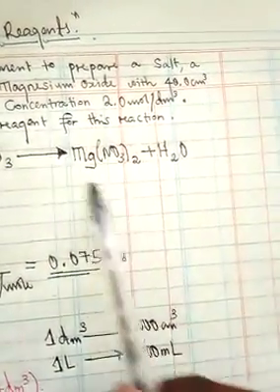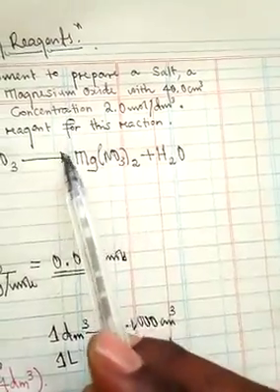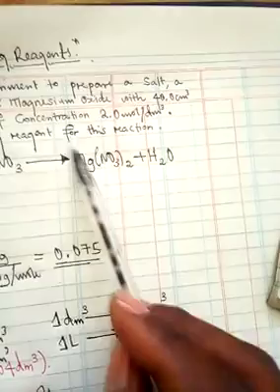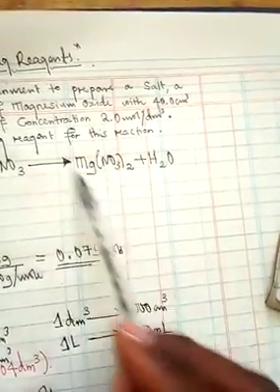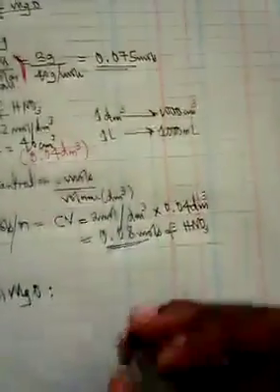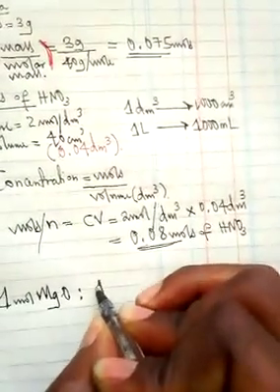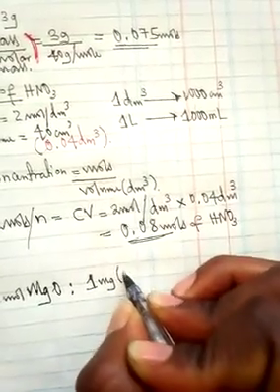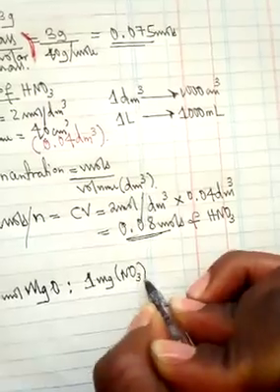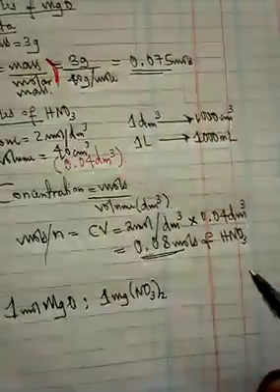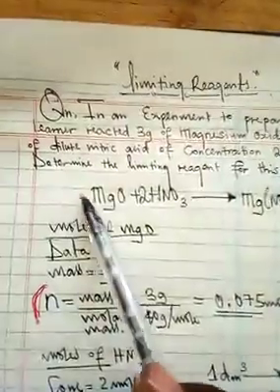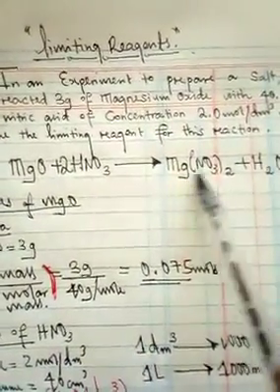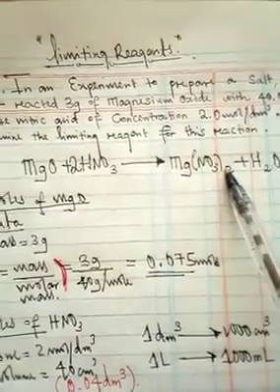Magnesium nitrate has a coefficient of 1, which means we are going to write it like this. That's it. That's how you write your mole ratio. In that way, 1 mole of magnesium oxide was producing 1 mole of magnesium nitrate.